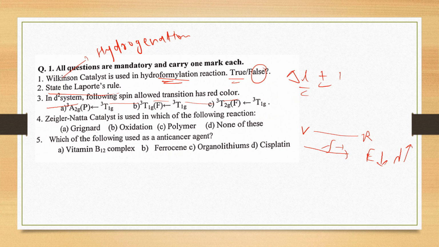Lowest energy means if we draw the orbital diagram for D2 octahedral system, this is F term and it is split. Let me erase it. Okay, if we draw the orbital diagram of D2, there is F term, and F term is split into 3 terms: A2G, T2G and T1G.